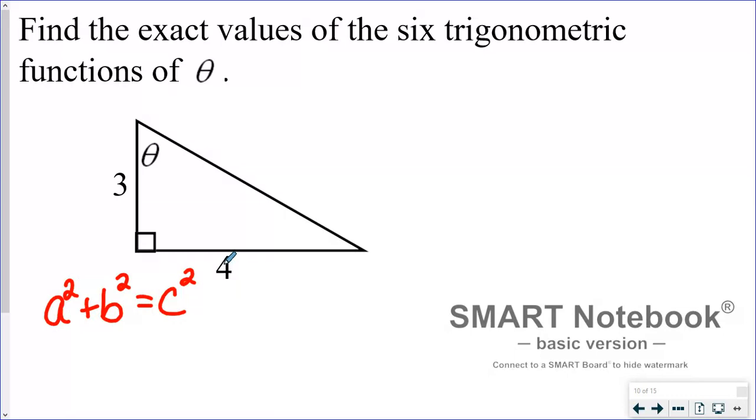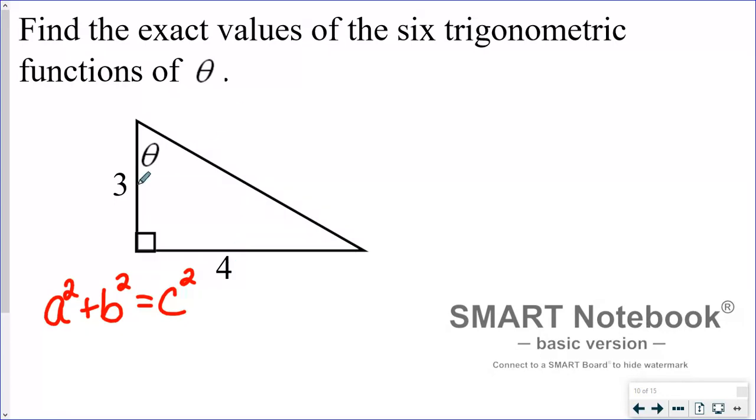Okay, now, do be careful. Every year, I have multiple students, right? If you're given the hypotenuse, it is always C. I've given kids this, and they still try to say this squared plus this squared equals this squared.